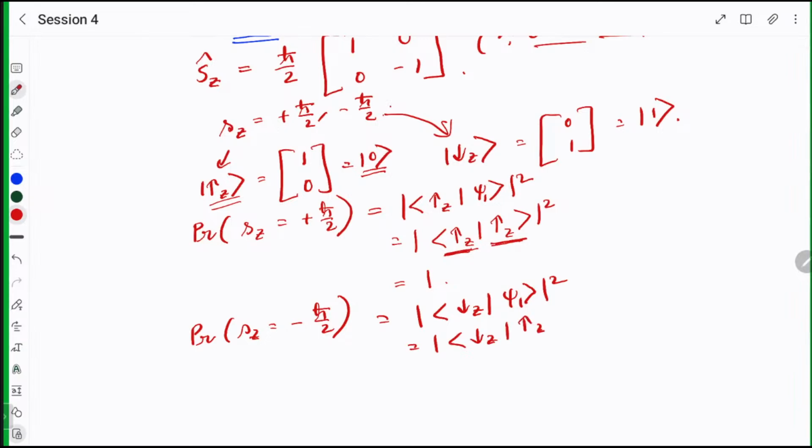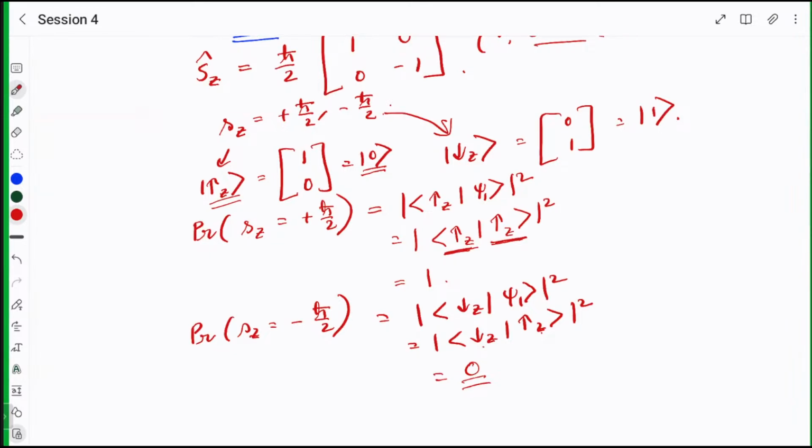Up z and down z we had already previously seen are orthogonal, so this is 0. Only after measurement? No, no, no. The component of any vector along itself is 1 always, because the vector is a unit vector, no? So the length.